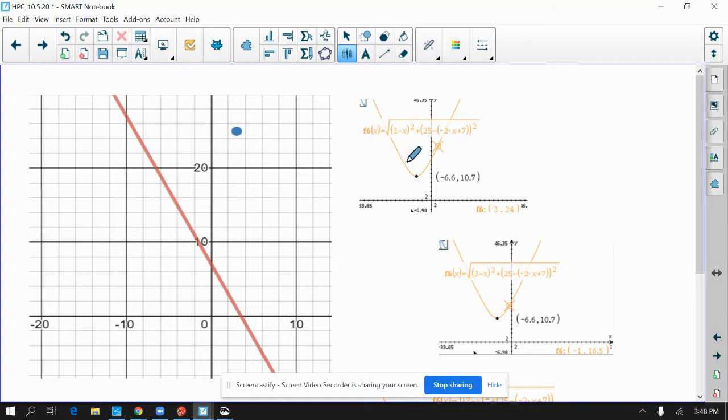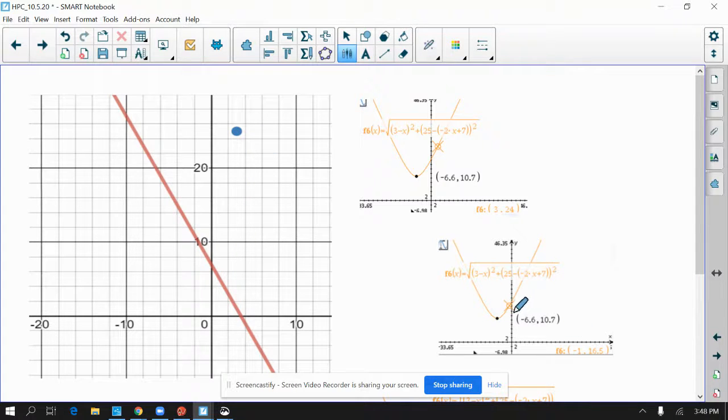I went back to my calculator and typed in x is 3, and the ordered pair on the line is (3, 24)... When x is 3, the distance between this line and the point is 24, because that's what this distance function is telling me: the distance between any point on the line to this point.